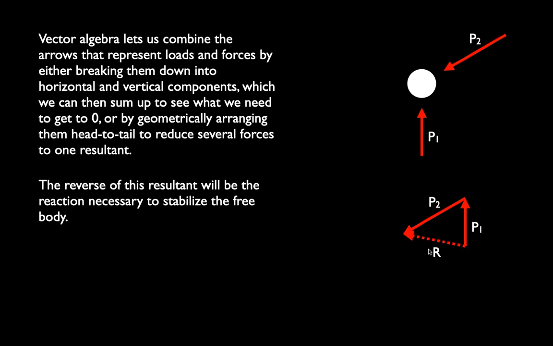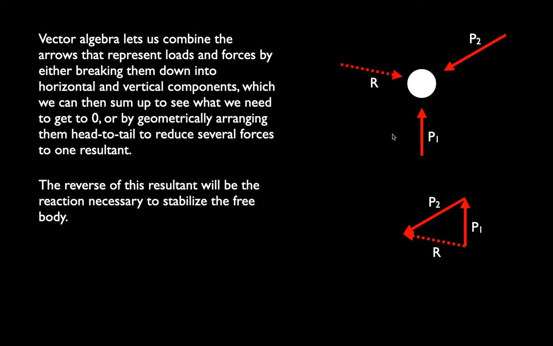So the horizontal component of our resultant is going to be equal to the horizontal component of P2, right? P1 doesn't contribute anything to that. The sum of forces in the x direction is just going to be that of P2, right? Because P1 is perpendicular to it. So there are tricks like that that we can use when we're looking at free bodies to think about how to simplify things, right? Or how to keep track of things.